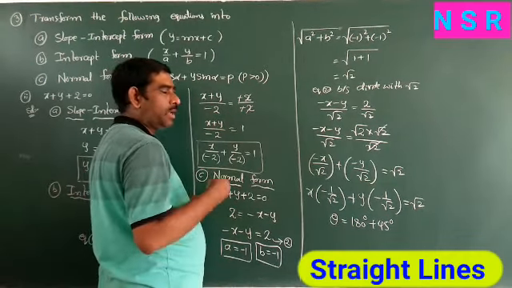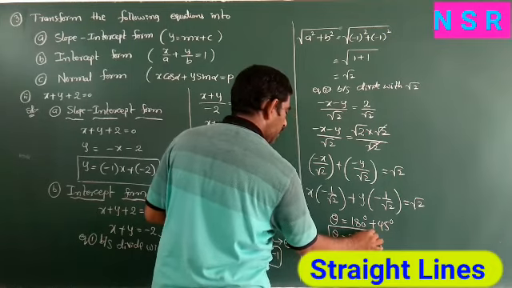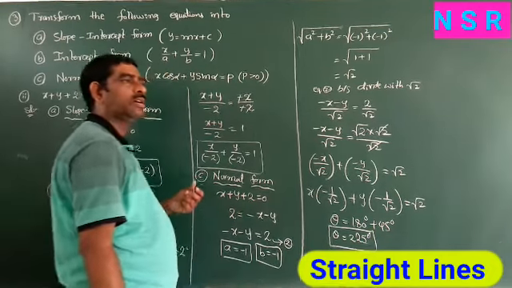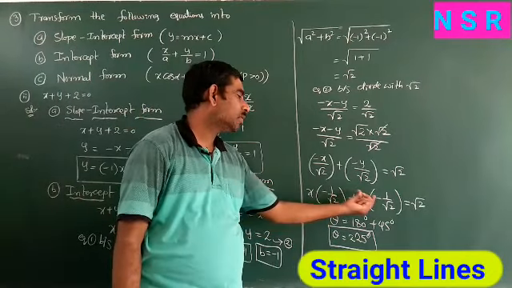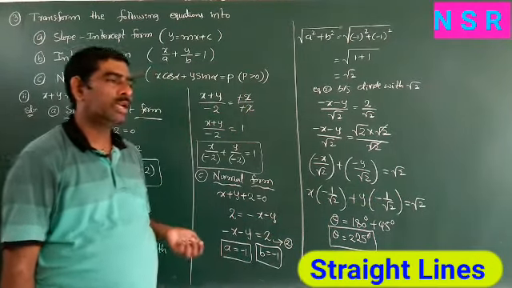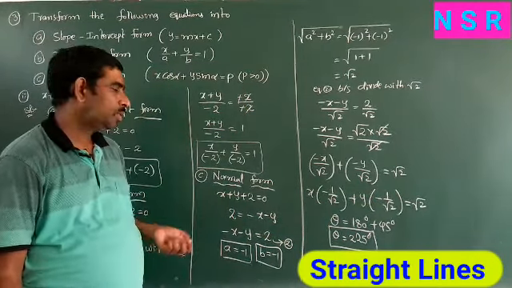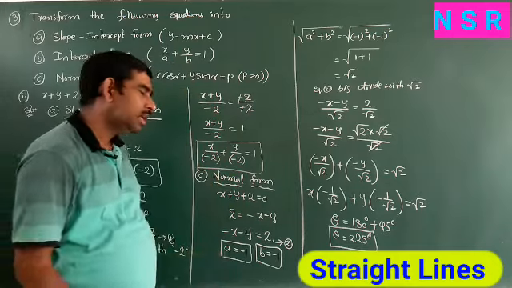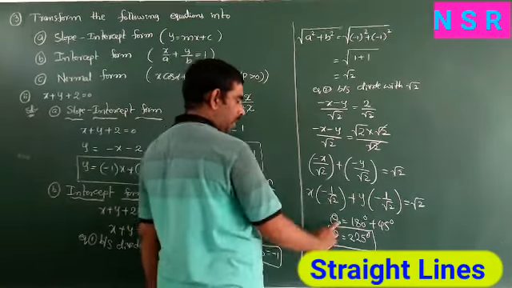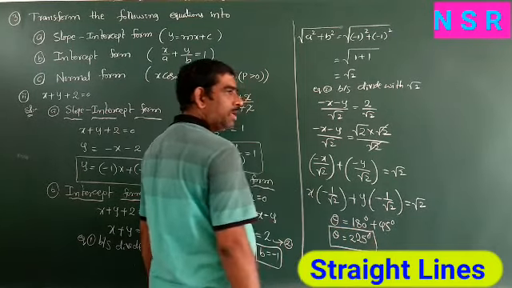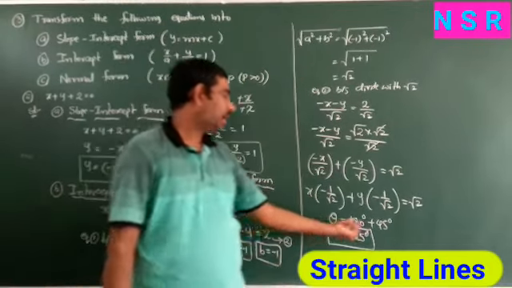So for 225 we get cos 225 value minus 1 by root 2 and sin 225 also minus 1 by root 2. Now write here taking 180 plus theta. 180 plus theta is present in the third quadrant. In the third quadrant, cos and sin both are negative. That's why I am writing theta equal to 180 plus 45. Why am I writing 45 here?